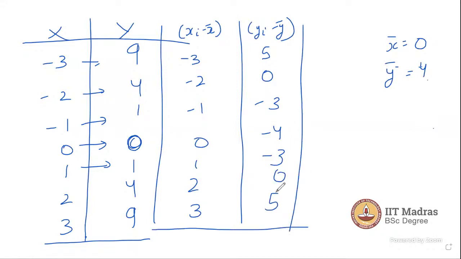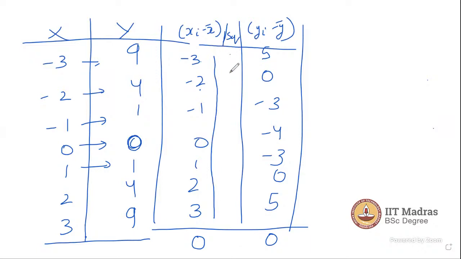Here also you can see that the summation of xi minus x bar is 0. Again, its sum is also 0. Then let me square it. 9, 4, 1, 0, 1, 4, 9. Total is 28.